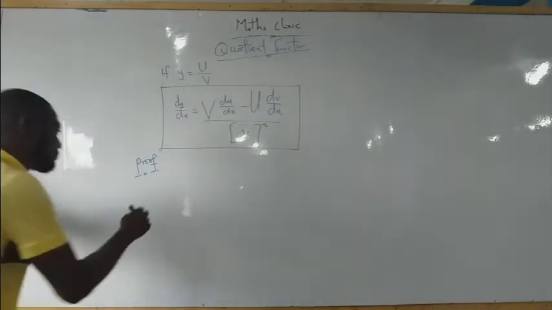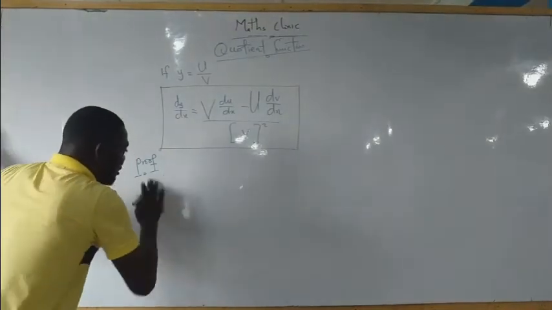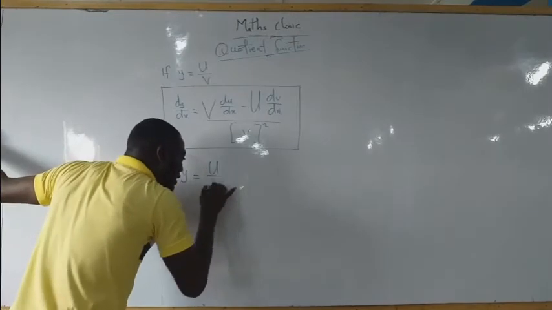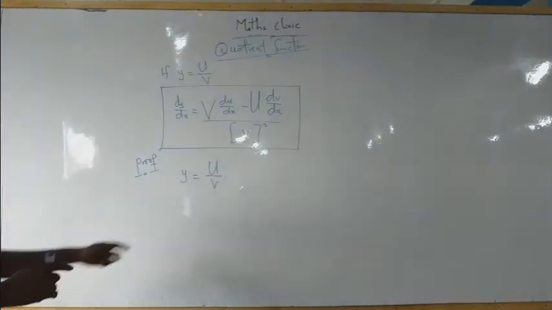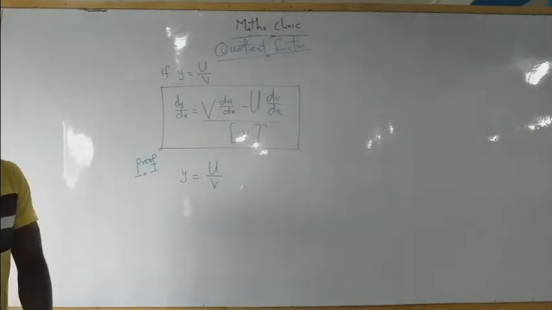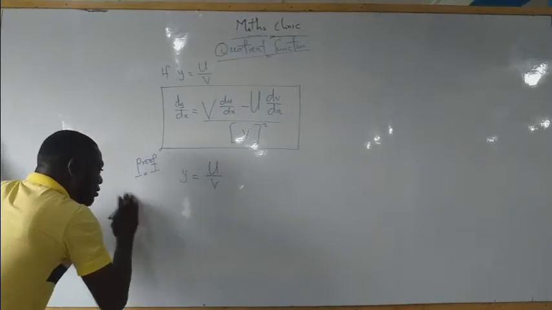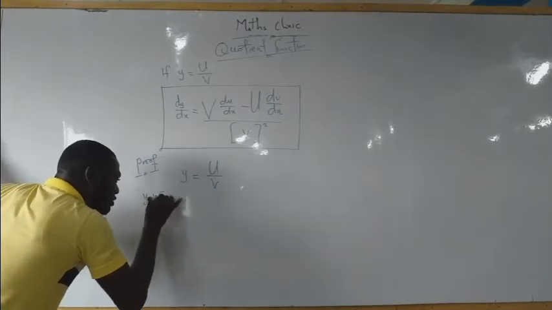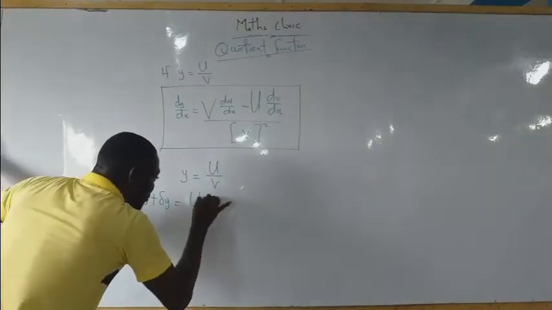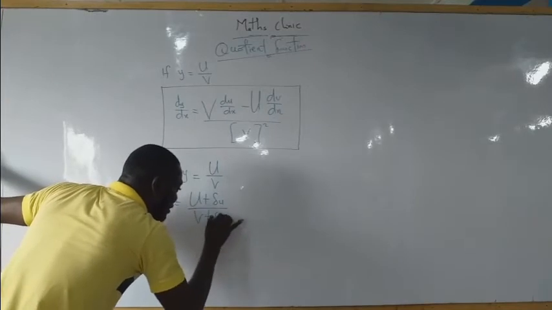So we have y equals u upon v. Y plus dy equals u plus du over v plus dv.